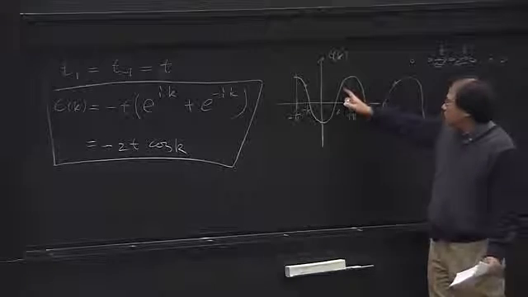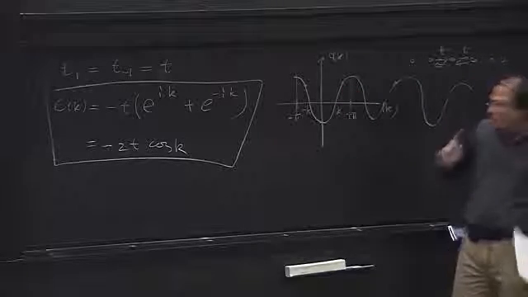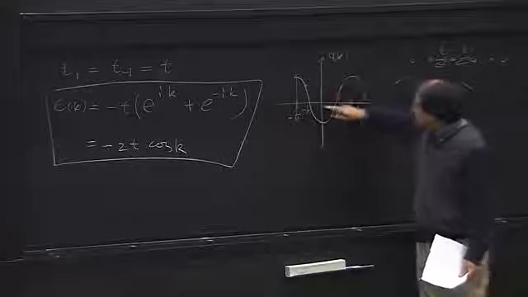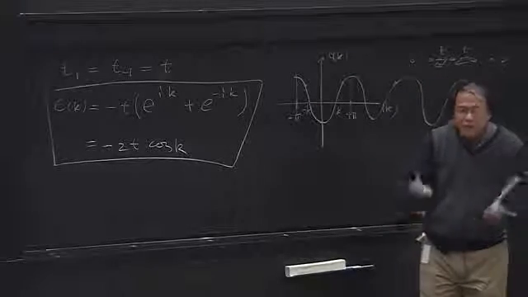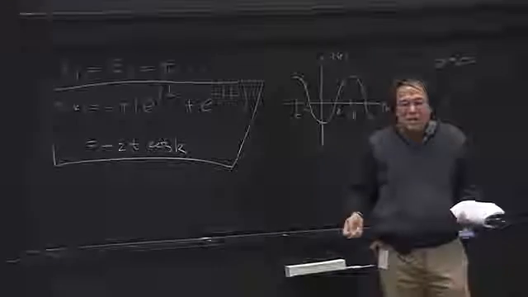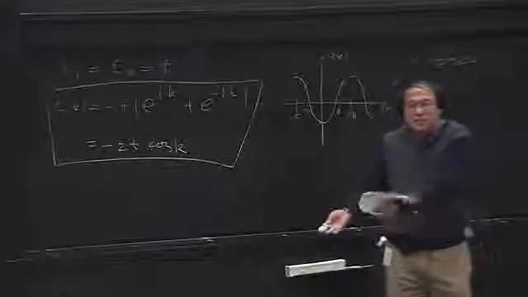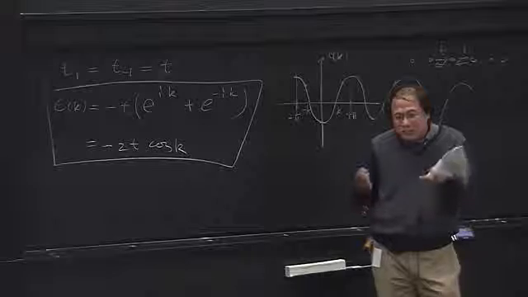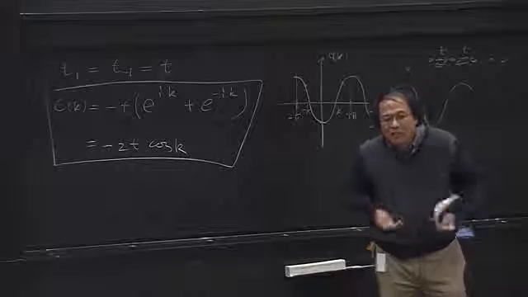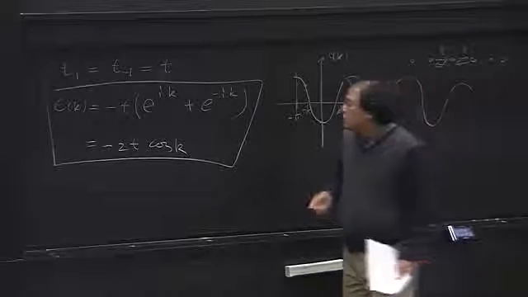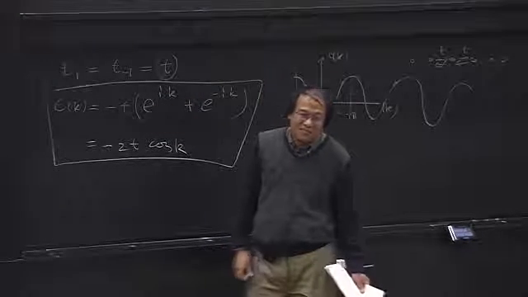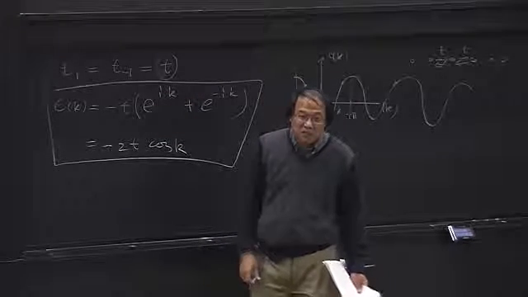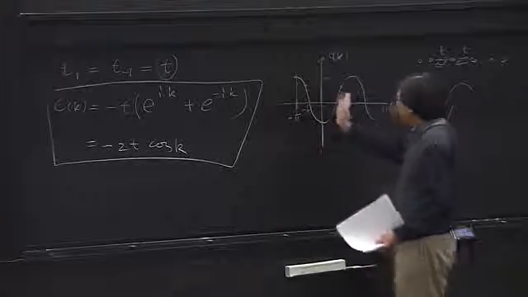That is, for some special reason, these two states, k and minus k, are different. Usually, different states have different energy. But if your Hamiltonian is very special, you have symmetry, and different states have the same energy. And here the special thing is that our T is real. If T is real, it has this k minus k symmetry.